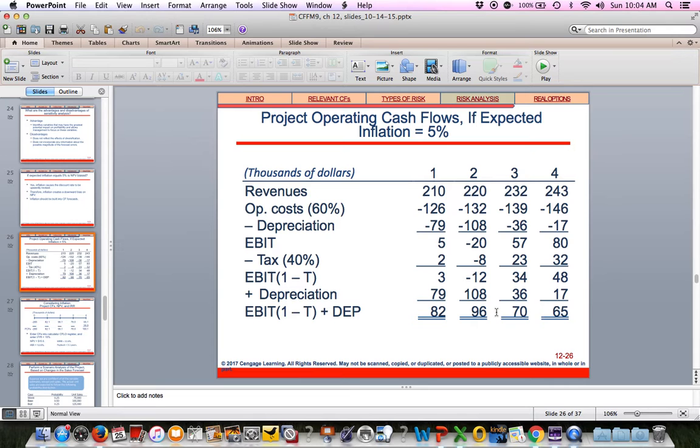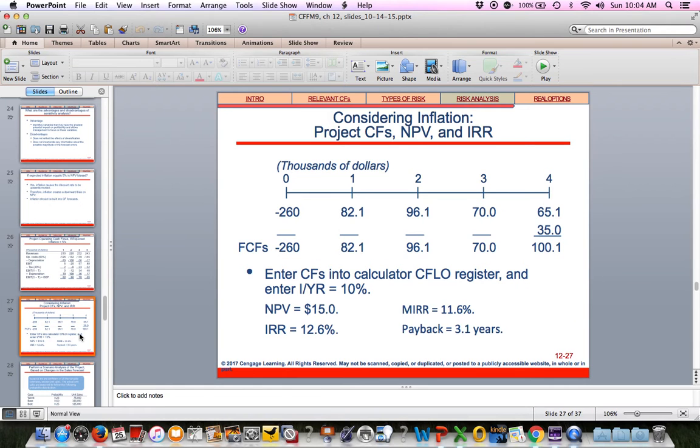But your cash flows are different now at the end. And so now we have different NPVs. We now have a positive NPV, positive IRR, positive MIRR, all above 10. So if we expect that our prices will need to go up to match inflation, now this works. That one thing made this work out.